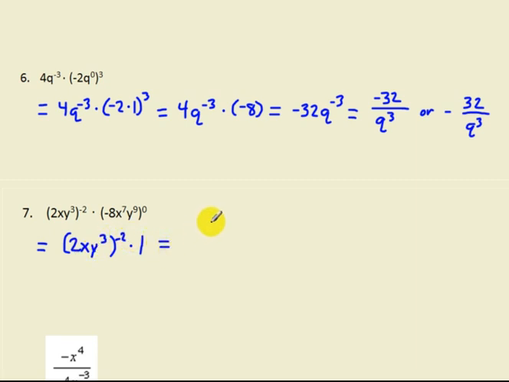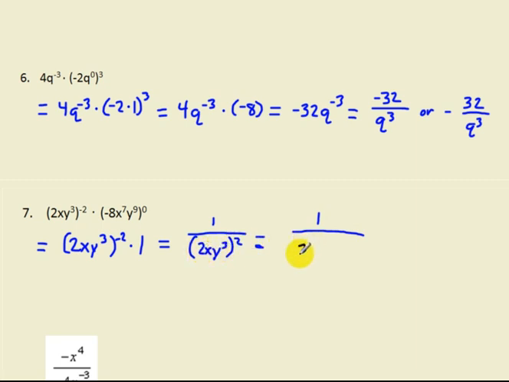We can rewrite that as 1 over 2xy cubed. And because everything inside the parentheses is raised to a negative power, we pull everything in parentheses into the denominator. So now this is going to be to the positive 2 power. So this is equal to 1 over, and now we have to apply that exponent of 2 to each part of this term.